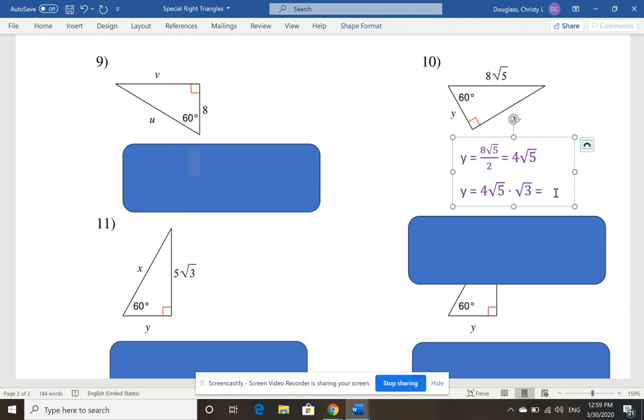I'm not sure why I can't get that to work, but hopefully that makes sense to you. It'll just be 4 times the square root of 15. Now, if you can simplify the square root of 15, you should do that. But we know that 15 is not a perfect square. It also does not have a perfect square that divides evenly into it. So we would leave this answer as 4 times the square root of 15.